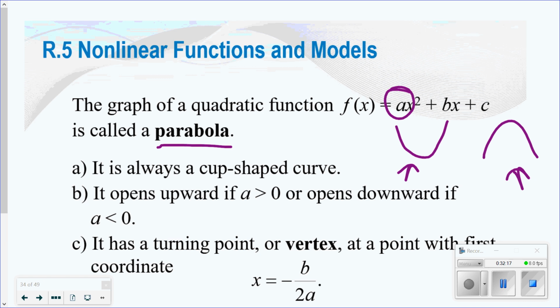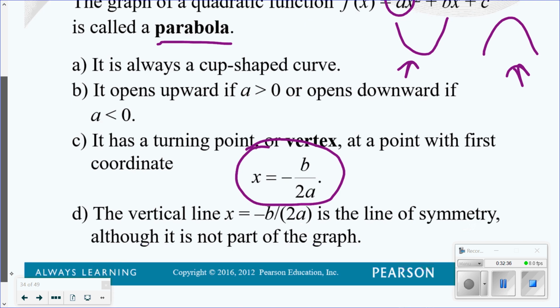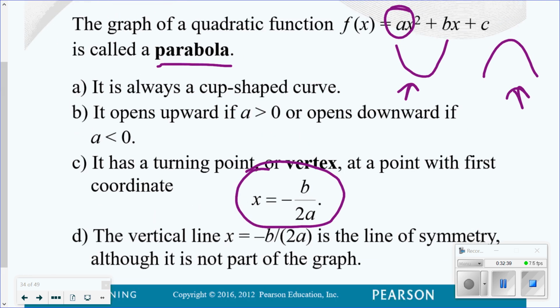And they open down like a frowny face if your leading coefficient is less than 0, in other words, negative. If we want to find the vertex, we're going to take x equals negative b over 2a, and that will give us the x coordinate of the vertex, and then you plug that back into your function to find the y value.